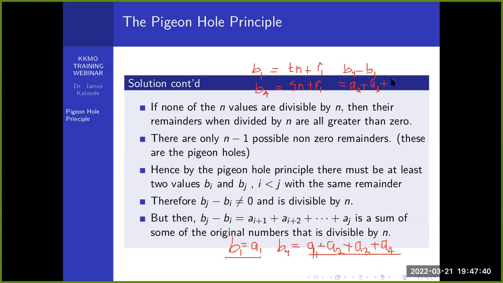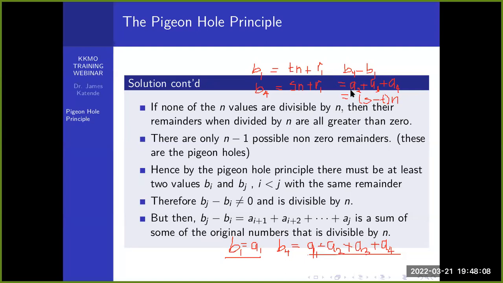Now this number is definitely divisible by n, because if you subtract, you end up with Sn minus Tn, which is a multiple of n. If the two remainders are equal, this difference will be a multiple of n.